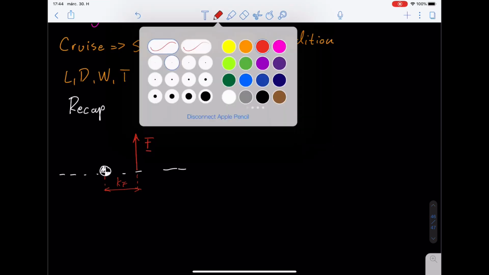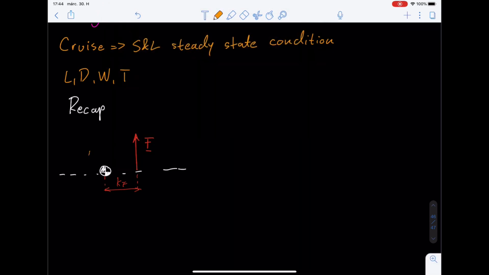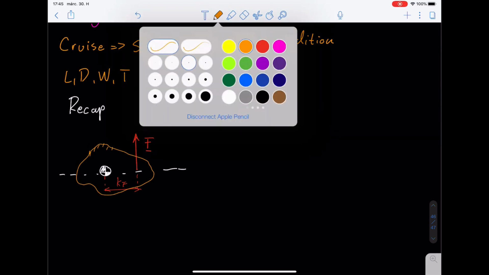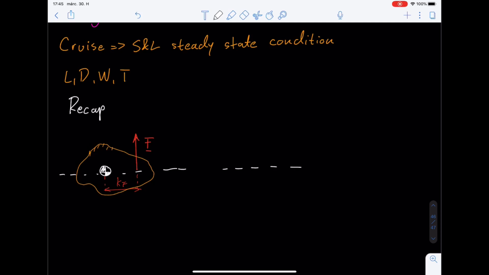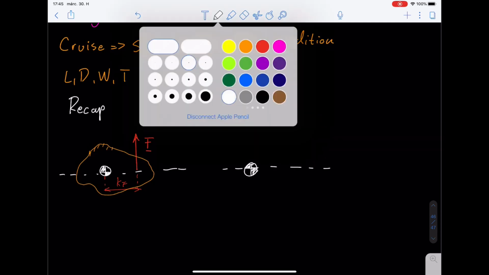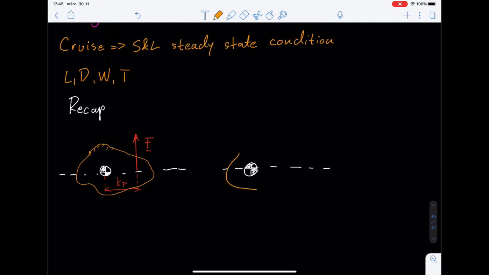Along a given body, and this can be like a general body, like a potato, you know. So this is the body. In our case it would be an aeroplane, but this is a general example. So what we can do is transfer this force into the center of gravity of the body. We can transfer this force into the center of gravity like so.